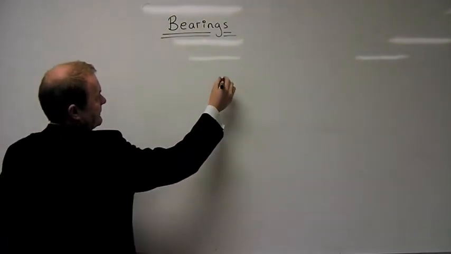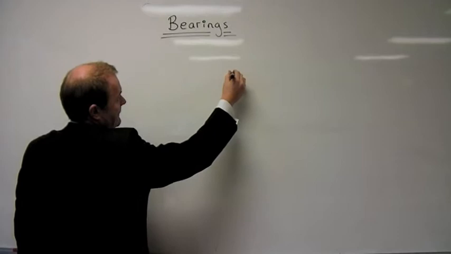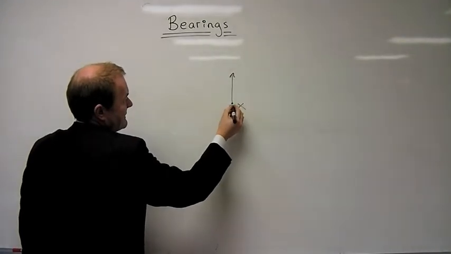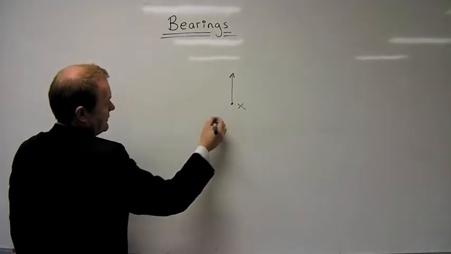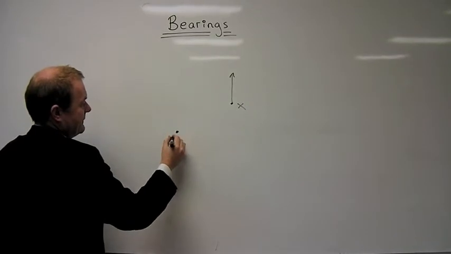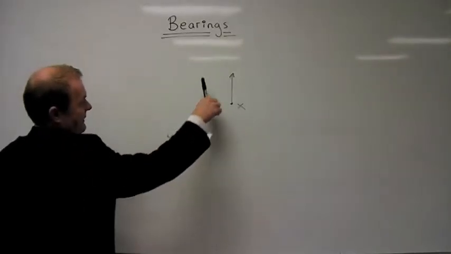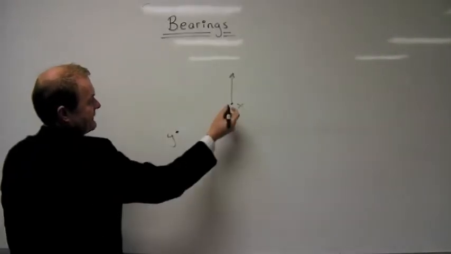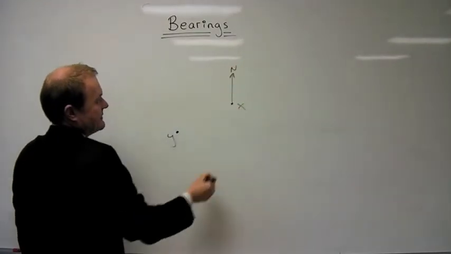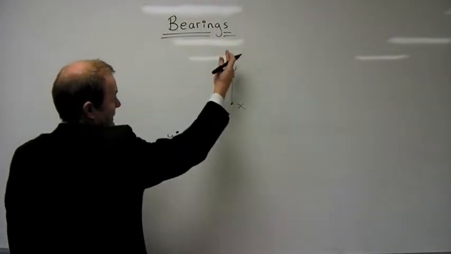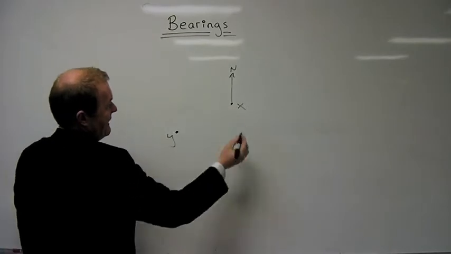Let's do another example. Say I'm standing here, we'll change the letter, let's say X, and I'm going to travel to Y, so right the way around. So again, I fix my north. North is always, and on an exam question, north is nearly always straight up the page as it is on a map.